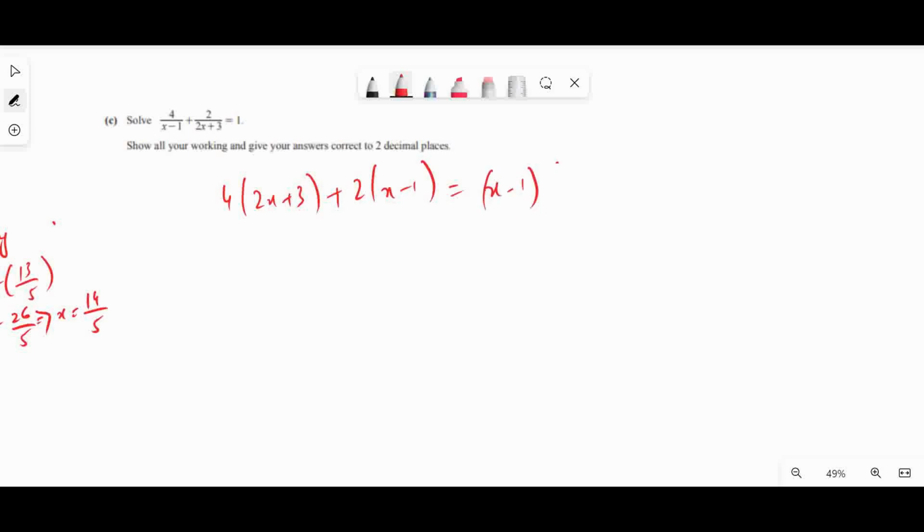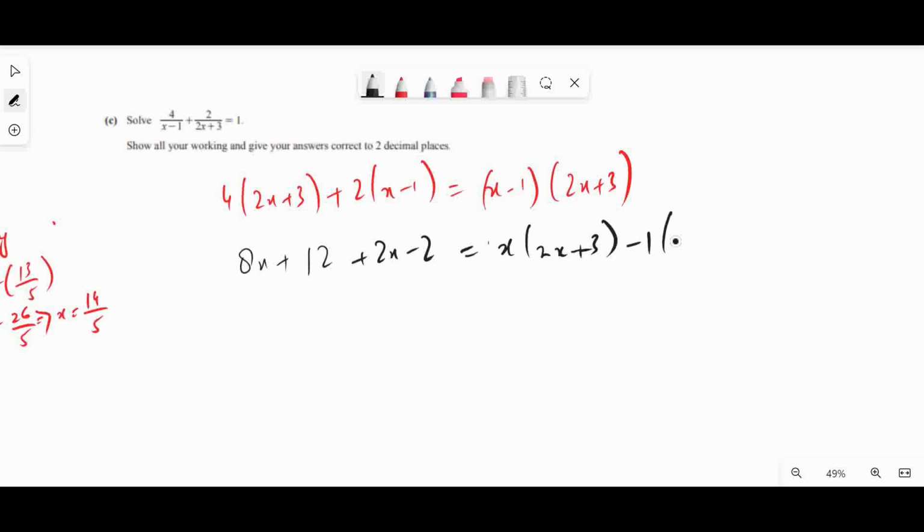So further we can write it as 8x plus 12 plus 2x minus 2 is equal to x into 2x plus 3 minus 1 into 2x plus 3.